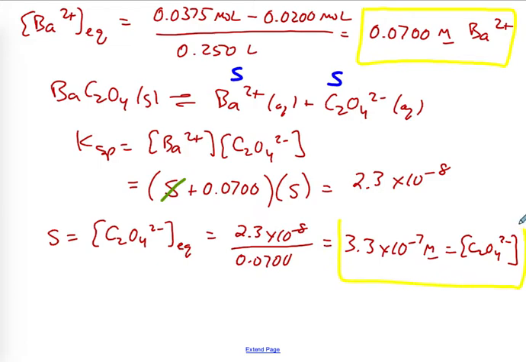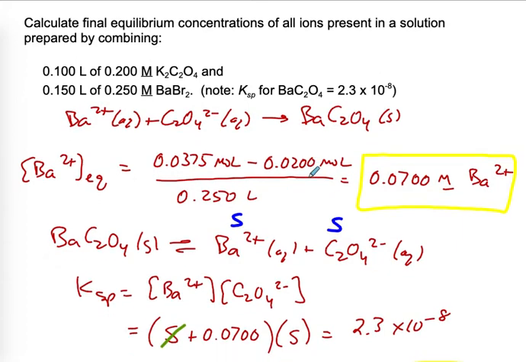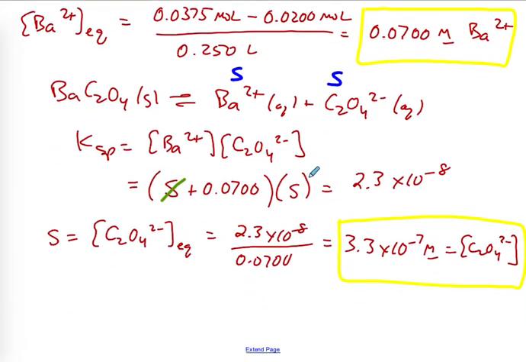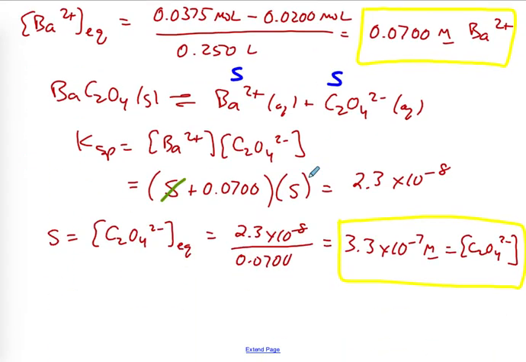Are we done? No, because the problem actually said calculate the equilibrium concentrations of all ions present in solution. What other ions are present? Well, of course, the potassium cations from potassium oxalate and the bromide anions from barium bromide, which are simply spectator ions.